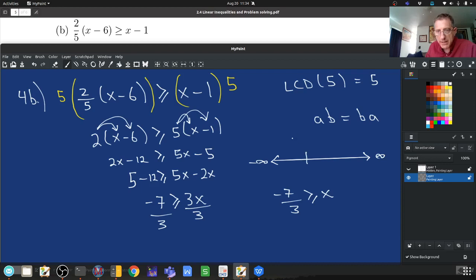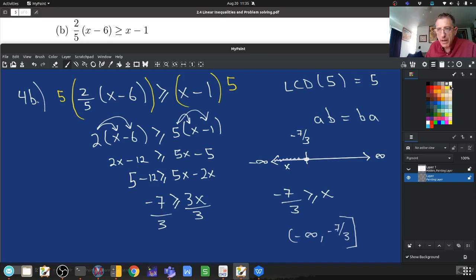I have minus 7/3, and it's included, and it's greater than x. So x is down here, and my minus 7/3 is greater than x. All of this down here is my solution. So the solution in interval format is that.